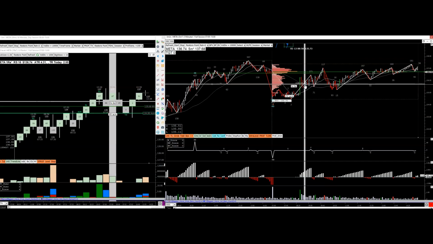And you confirm that on a lower time frame, like I'm showing you over here, a 5-minute. And guess what? What do you think this 5-minute big green bar means? It confirms that they're still there. So that is a very good sign, and it is, quote unquote, your signal to get in.